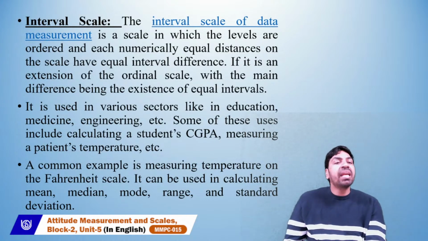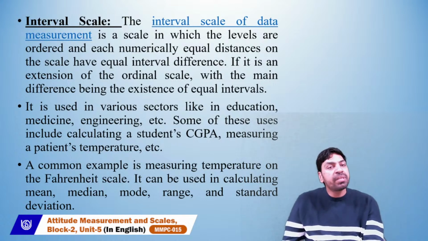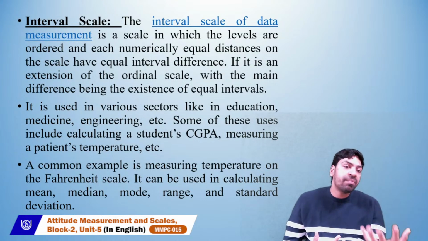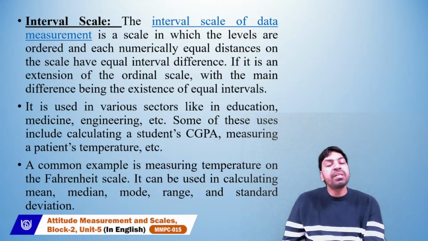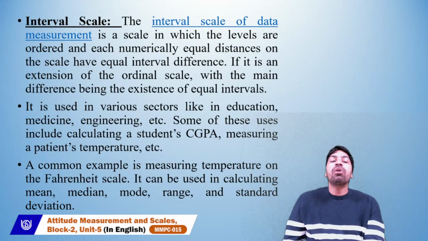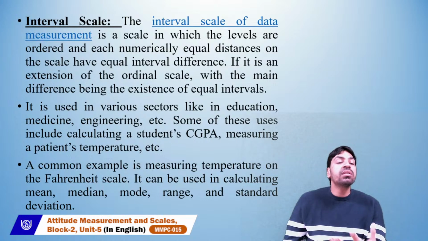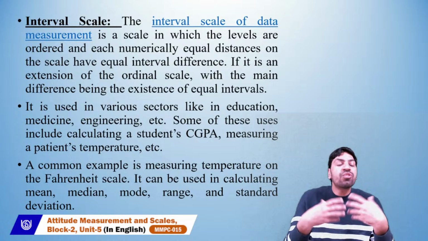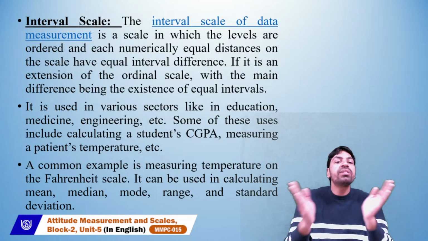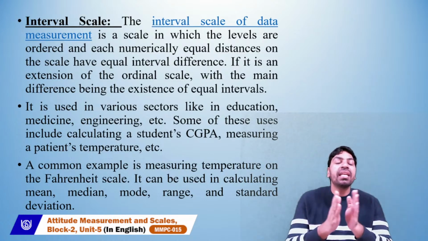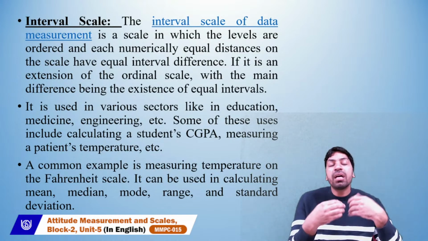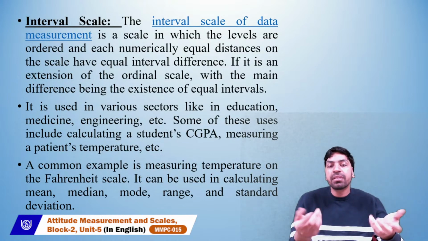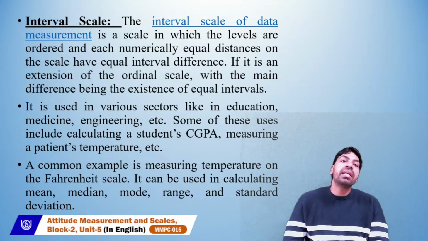This scale is mainly used for academic purposes, when we estimate the highest percentage among students, or to measure patient recovery temperature, blood pressure or fever temperature. When we measure any kind of scores or temperature, or earthquake tremor rates, that also comes under the interval scale.